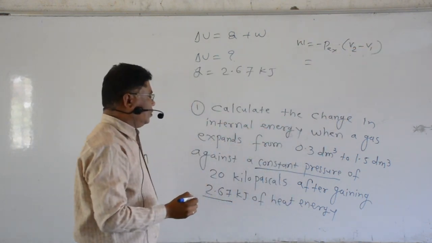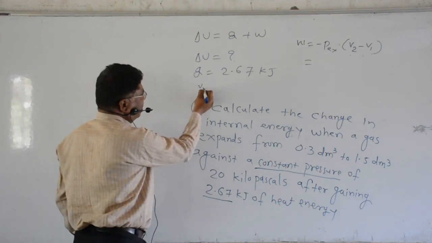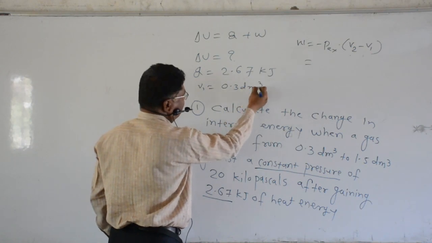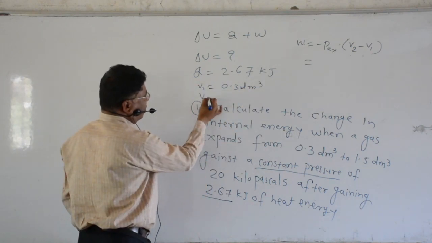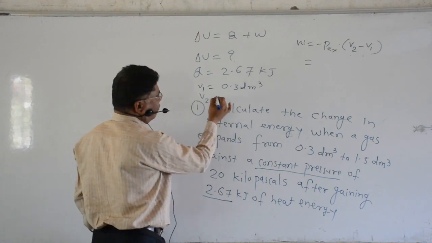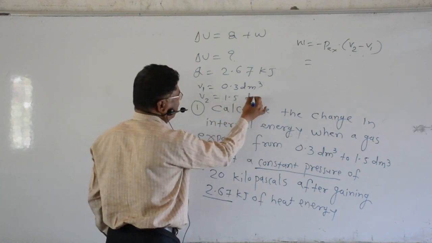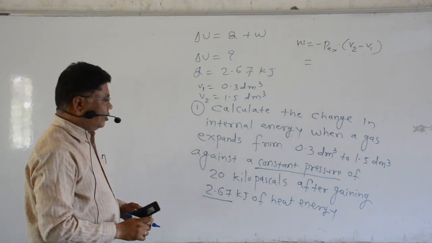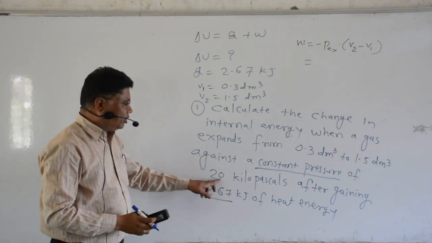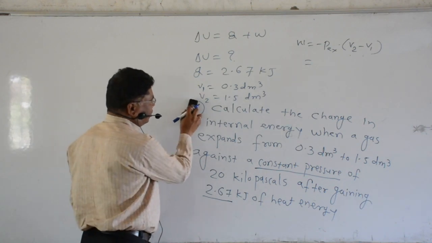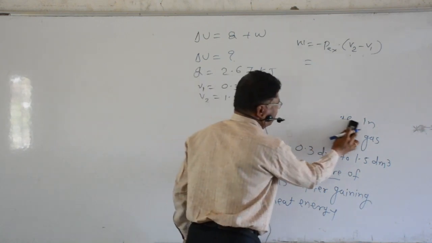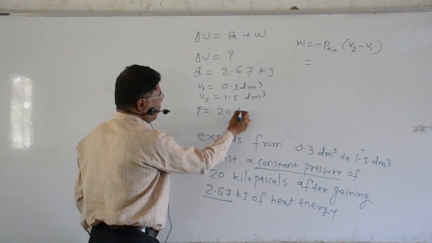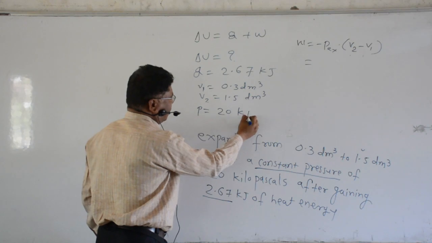Here V1 is 0.3 dm cube, V2 is 1.5 dm cube, and external pressure is given, that is 20 kilopascals.